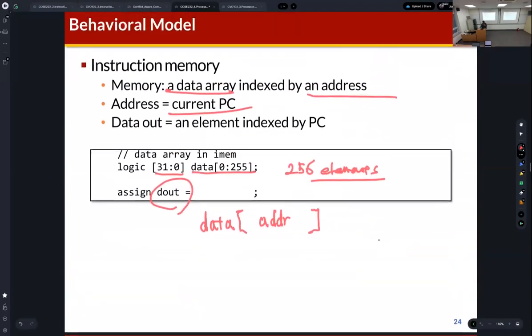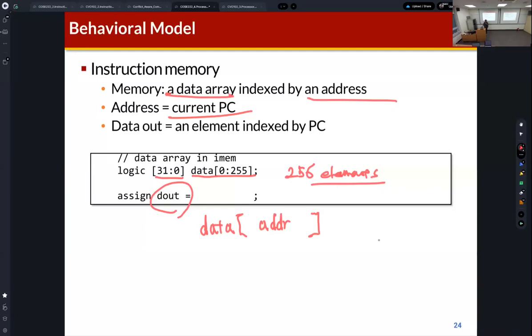But the address is a byte address in RISC-V, while the size of a single element of this instruction memory is 32 bit, which is 4 bytes.